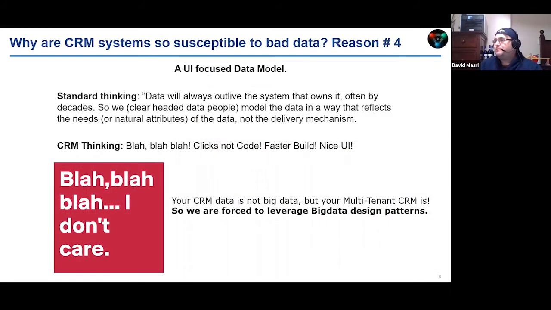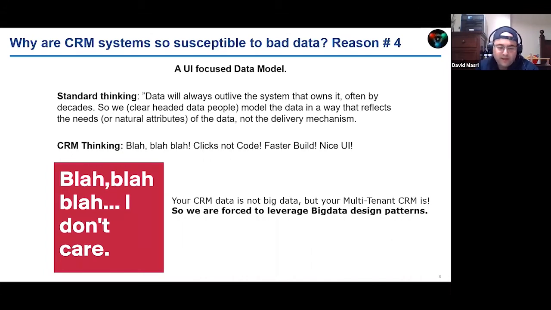So reason number 4: you have a UI-focused data model. Believe it or not, this is actually a breakaway from traditional data thinking. In traditional data thinking, if I was a DBA designing a system, essentially you'd have 2 people.